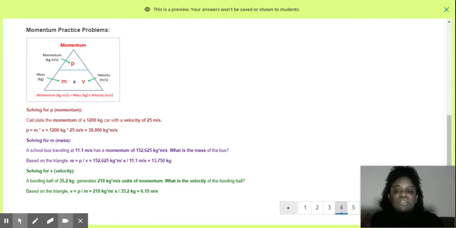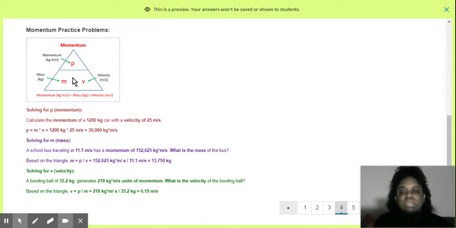You may have to solve for mass when they give you momentum and velocity. So that's the purple section here. It's the problem. I have the information bolded for you so you can just focus on what the problem is giving you. And then the next line is saying based on the triangle.